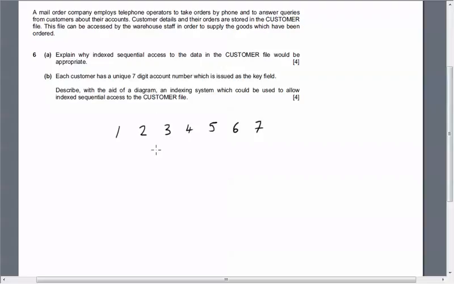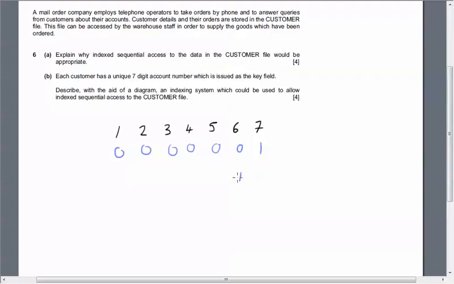Imagine we've got an empty file so far. The first index number that we will use is probably going to look like this: 1. The first record obviously is going to be 1. The 10th record will look like this with all zeros, then 100, then 1000, and so on.